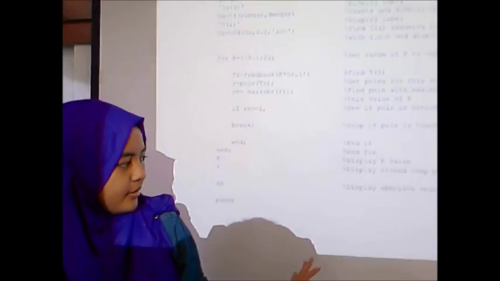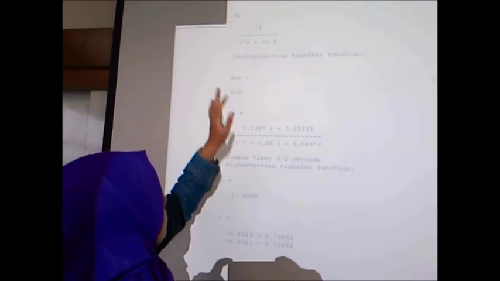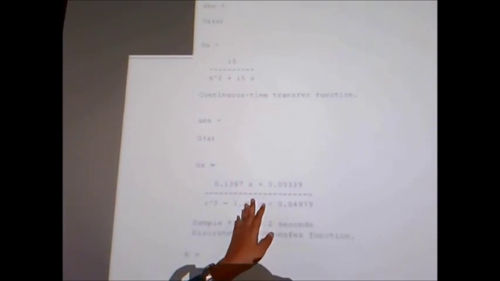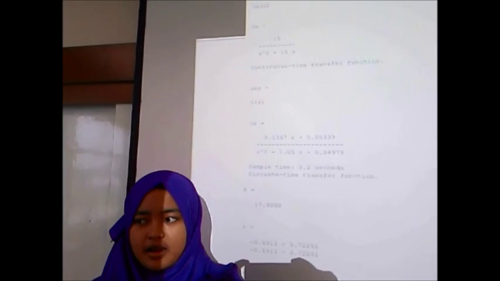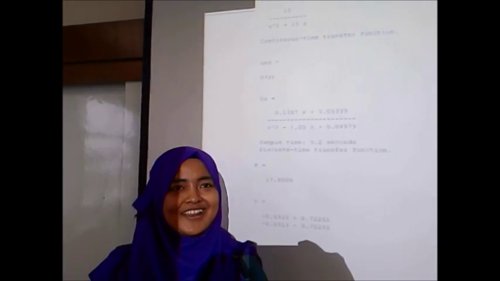the calculation. Next, this is the answer from the MATLAB. And we find G(s) is equal to 15 over s squared plus 15 s, which is the equation that my partner explained in the transfer function.